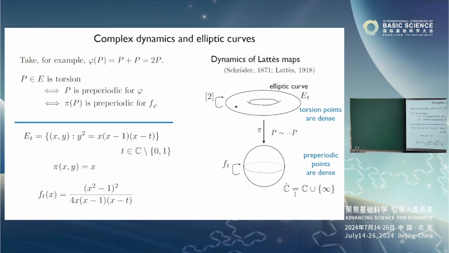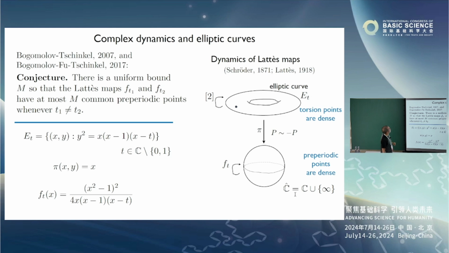Under the multiplication by 2 map, you have a finite orbit, and because this is a degree 2 map, the projection also has a finite orbit. So this one is preperiodic if and only if the projection is preperiodic, and if and only if it is a torsion point. So you connect the torsion point to the preperiodic point.